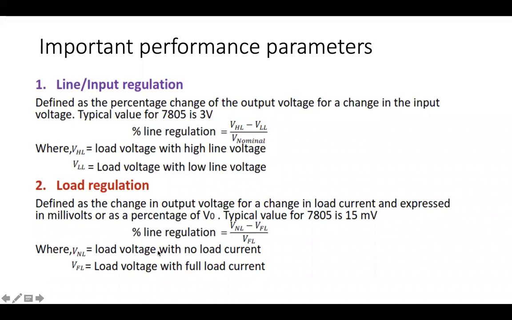Based on whether the load is present or absent, we calculate the voltages across it: without load minus full load, divided by full load. That gives me the percentage regulation with respect to load.